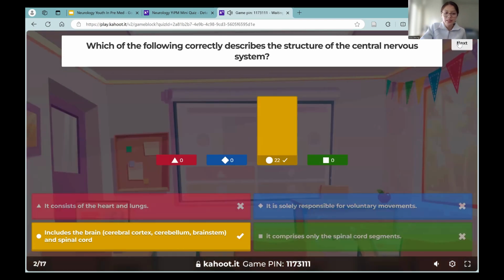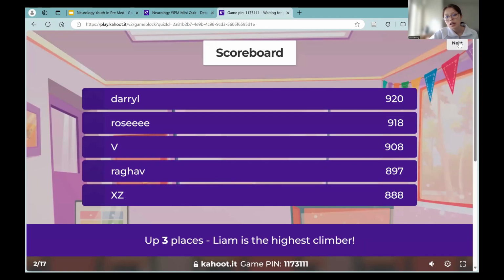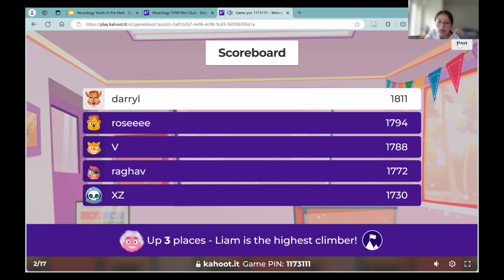Okay, perfect. Everyone got that right. The central nervous system includes the brain and spinal cord, and then the peripheral nervous system includes all the other nerves. Okay.